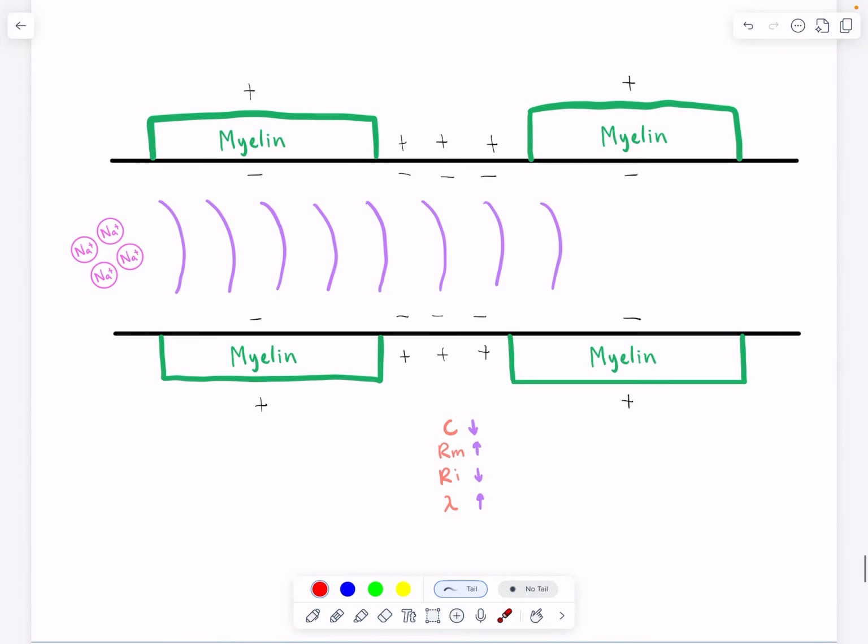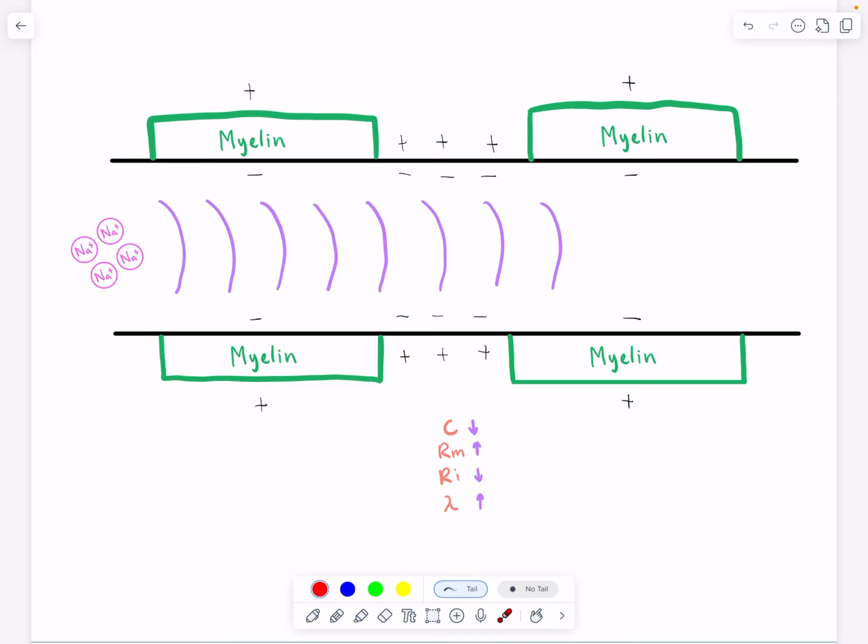That's where myelin comes in. Myelin basically does the exact same thing. It creates more membrane resistance. This is just a whole cell, with the inside of the cell here and the outside of the cell here. What myelin does is separate this positive and negative charge a little more, so the competition between these positive charges makes them spread apart.